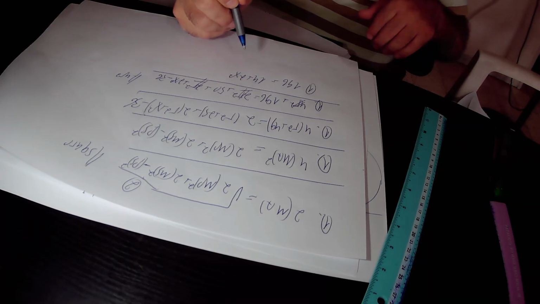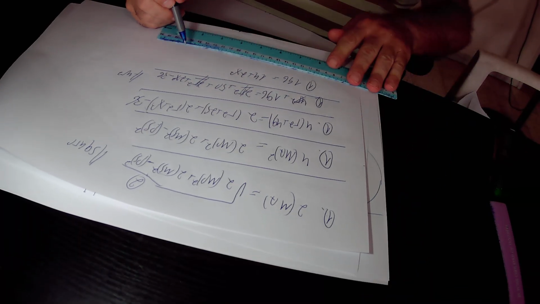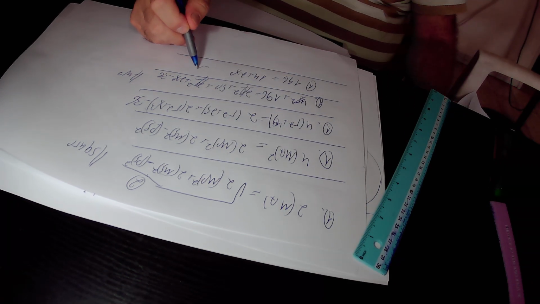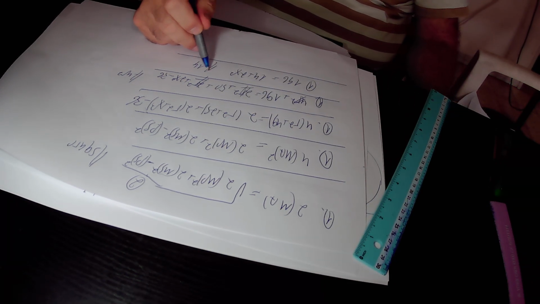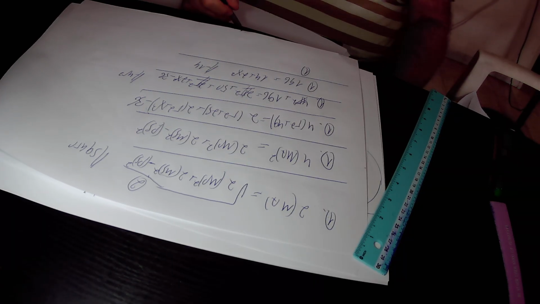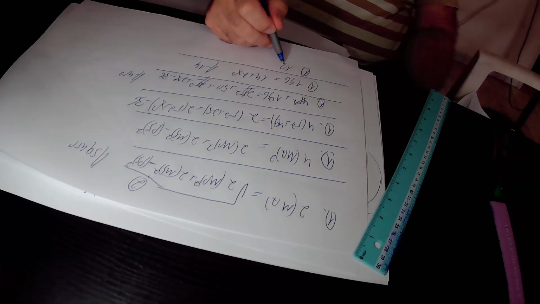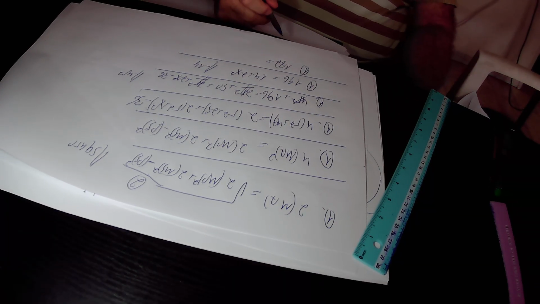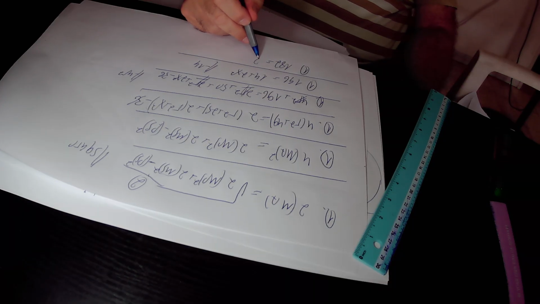So in total, we found out that 196 equals 14 plus 2x squared. Here we subtract 14 from this equation, and we get that 196 minus 14 is 182. So 182 equals 2x squared.